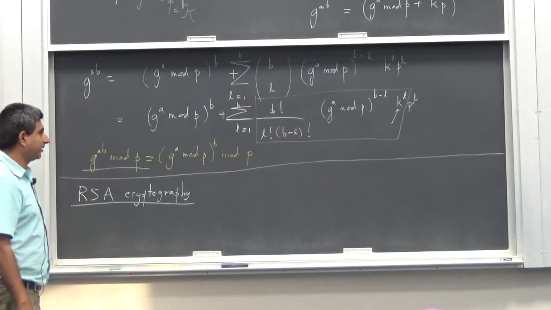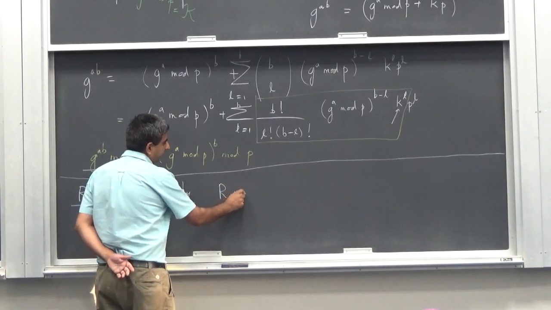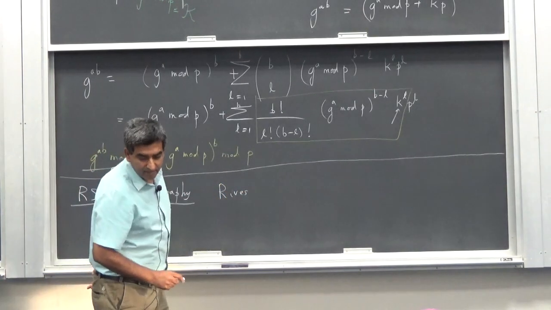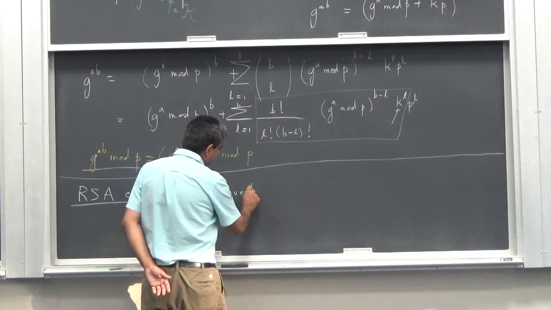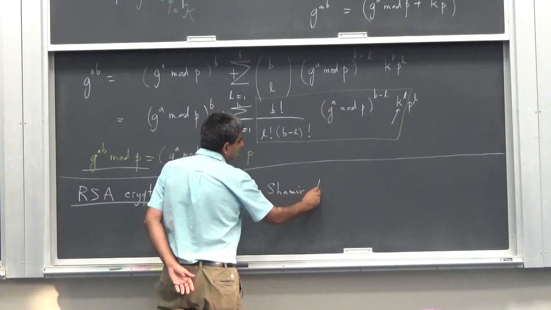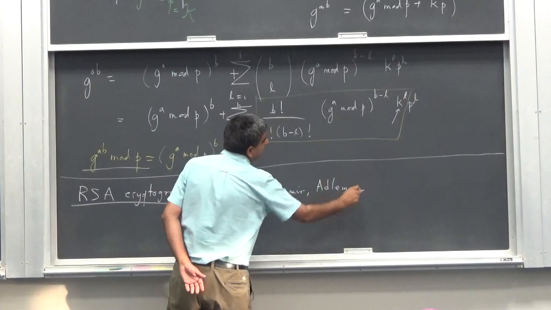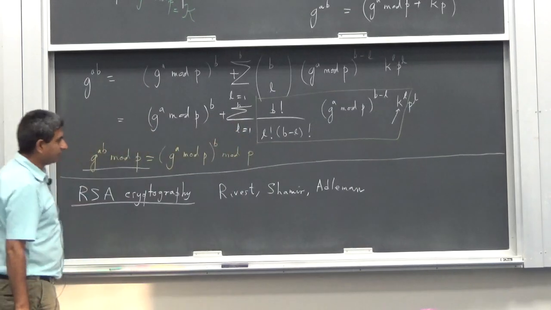So this cryptography scheme was first presented by Rivest, Shamir and Adelman. It was published by these guys, even though there are other claimants to the originality of this cryptography scheme as well.